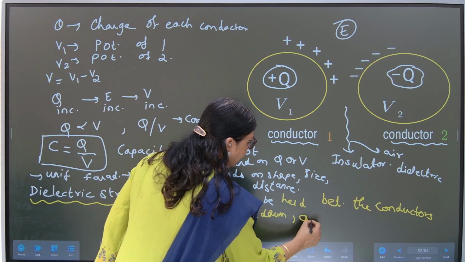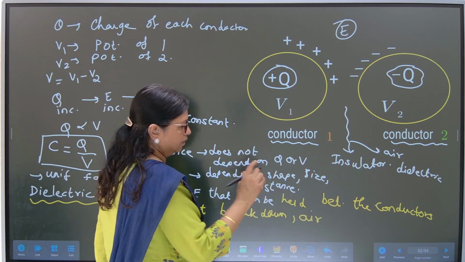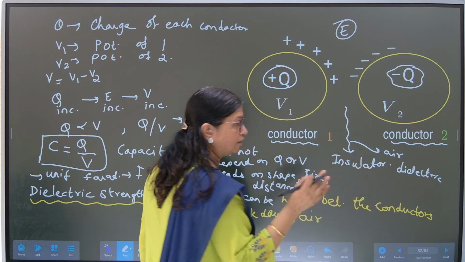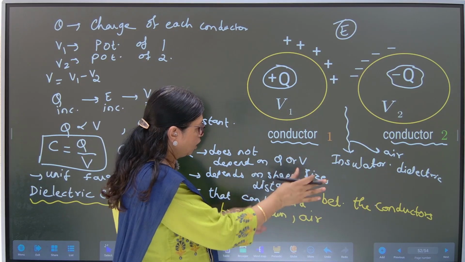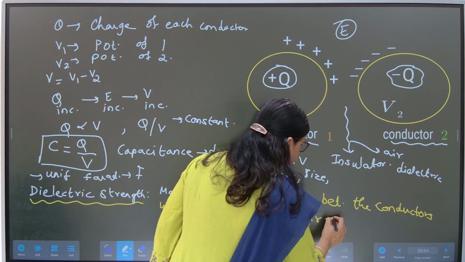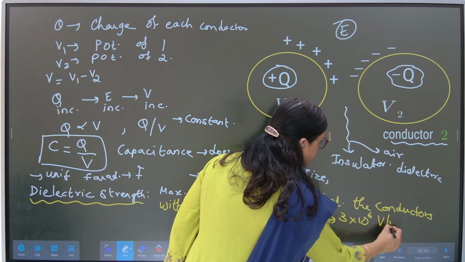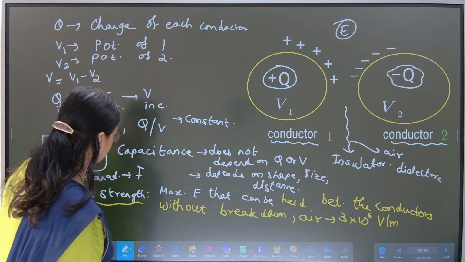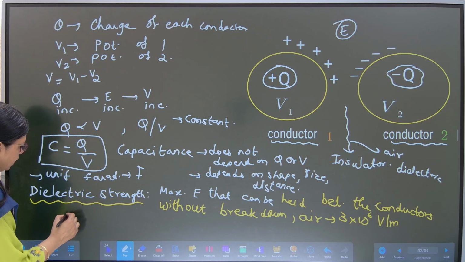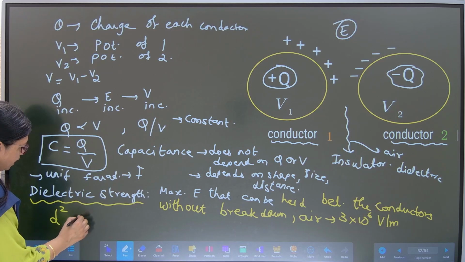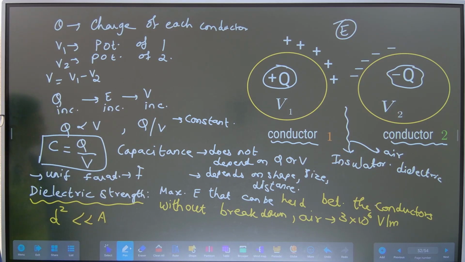For air, the dielectric strength, that is the maximum electric field that can be held without any breakdown, is 3 into 10 raised to 6 volts per meter. For this we need the condition that the distance d squared is very much less than the area of the conductor.